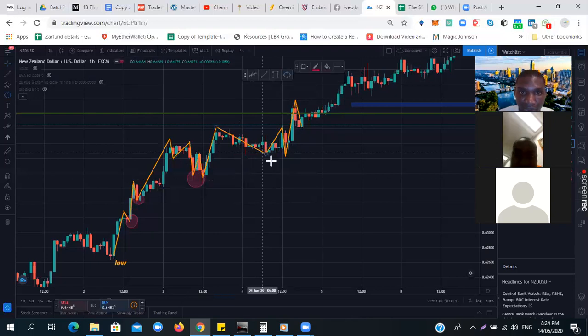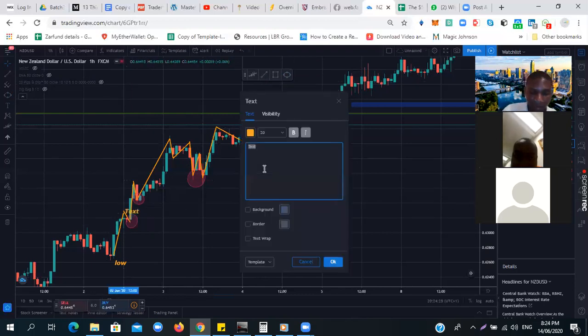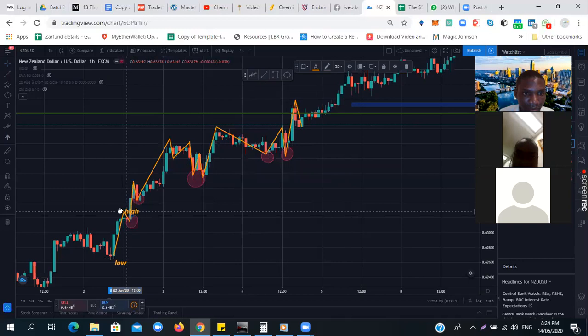When you've drawn them out like this, when you use a line and draw out the movement of price, you will begin to see all these setups I'm seeing. You will begin to see the higher highs, the higher lows. Now this is a high. Up here is a high. On top here, that's a high.